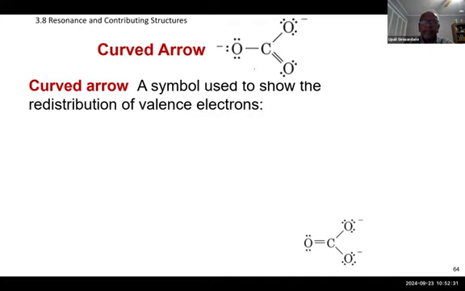Double-headed arrows mean you take the electron pair here, put it in between and move that electron here. Curved arrow, not double-headed arrow. The curved arrow is how you get that one. When you move electrons here, that's how you get this one.